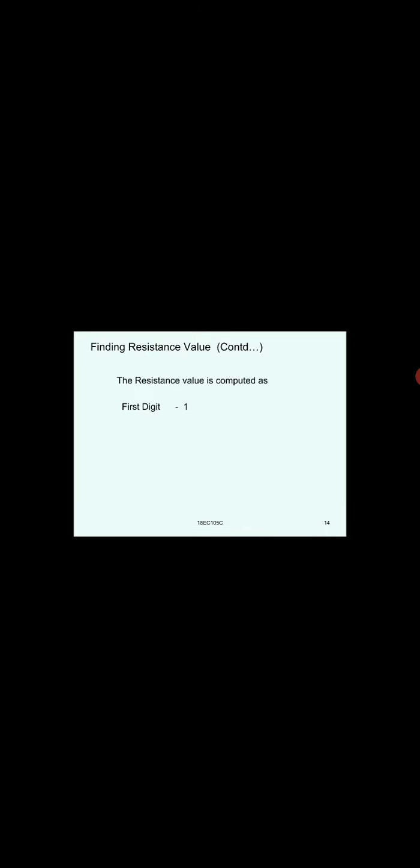So the first digit is 1, the second digit is 0, the third is a multiplier. It is red, so let us put two zeros there. So the resistance value will be 1, 0 and 2 zeros. So it comes to 1 kilo ohm.